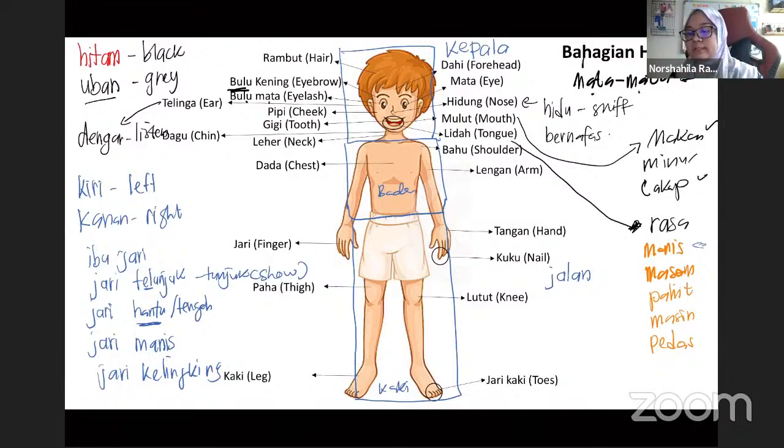This is the root word. The other function of kaki is to run. Lari. Run is lari. So you have jalan and also lari. This is the main thing we can do with our leg. Another thing that you want to know, you just mention to me and please let me know.